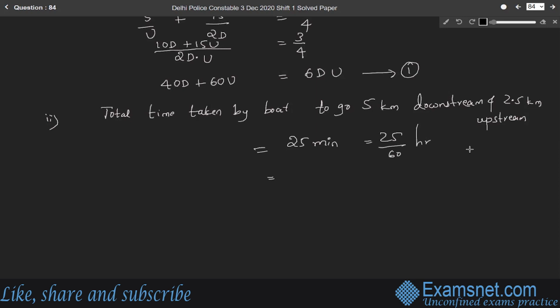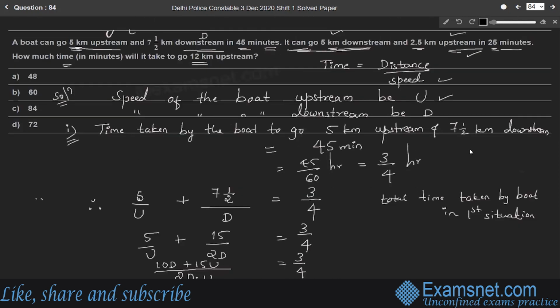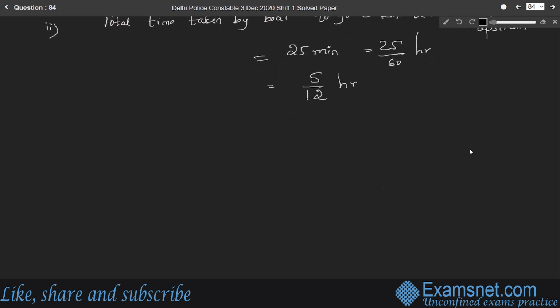So therefore, you can simplify. So 5 by 12 hour, right? So if the total time is 5 by 12 hour, what are the individual times? In case of downstream, it is distance 5 by speed. Downstream speed is d here. 5 by d plus 2.5, distance by u, 2.5 by u becomes 25 minutes.